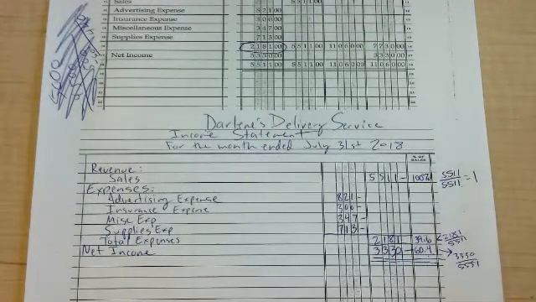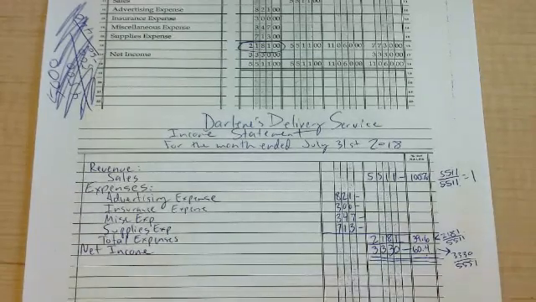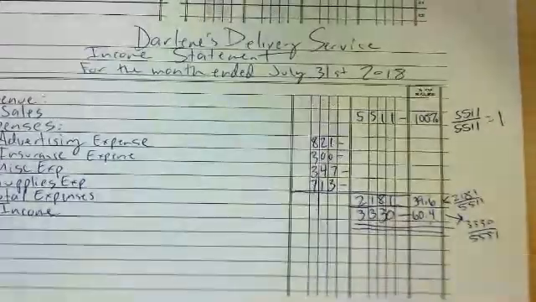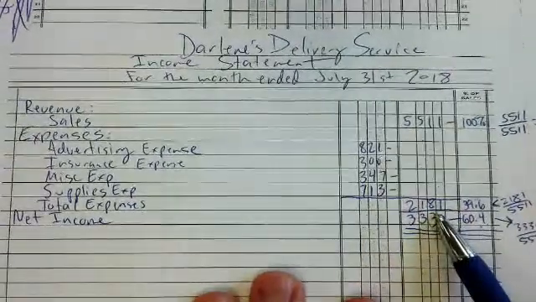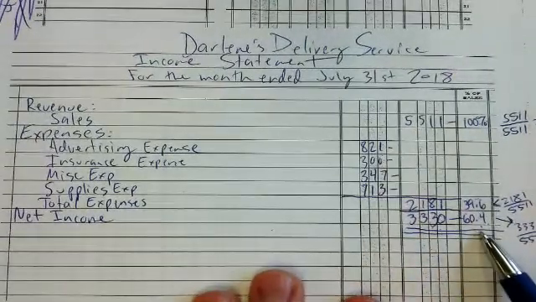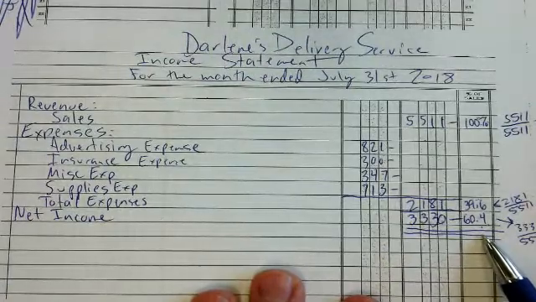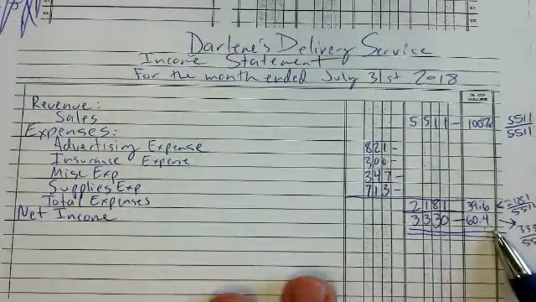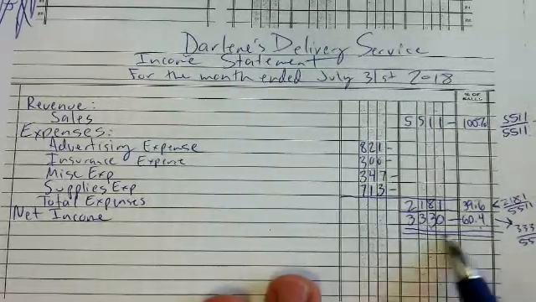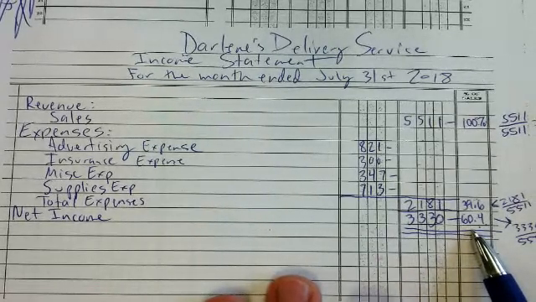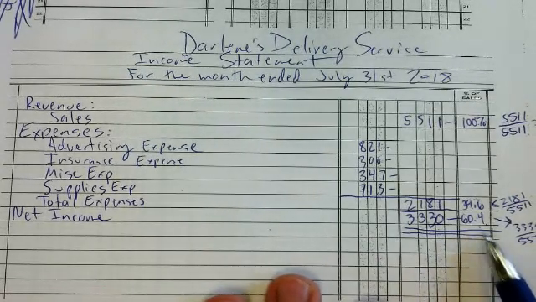Every single dollar of stuff that we sell, we make 60.4 cents. If we were to sell $100 of stuff, $60.40 would be profit. That's cool to know because the boss can say, if we sell $10,000 worth of stuff, we'd make like $6,000. If we only sell 1,000, we make 600.